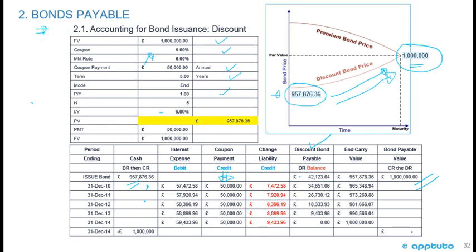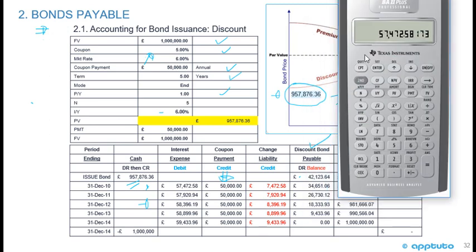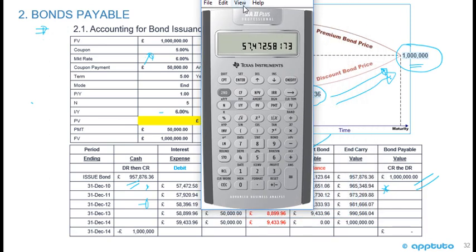Okay, so you can run through that again for another year if you wanted. You can see here my carrying value is now 965,348.94. If I bring up my calculator, and just do a little bit of rounding, 965,348 times 0.06, you can see 57,920.